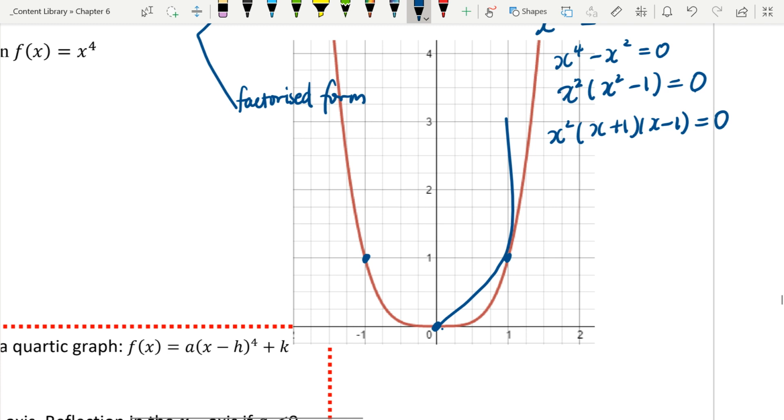So let's think about that. When x equals to 2, x to the power 4 and x to the power 2, which one is larger? 4 is larger, right? So x to the power 4 will be higher than x to the power 2. Therefore, the graph will look like this.